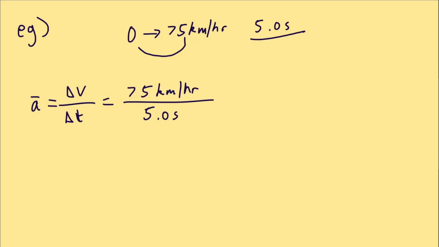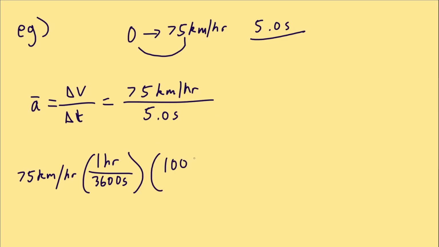There's a problem. We have a unit mismatch. We have seconds, kilometers, and hours. So let's use a conversion factor to convert this up here into meters per second. We're going to multiply 75 kilometers an hour by 2 conversion factors. 1 hour over 3600 seconds to get rid of the hour, and 1000 meters divided by 1 kilometer so that we can cancel out the kilometer.